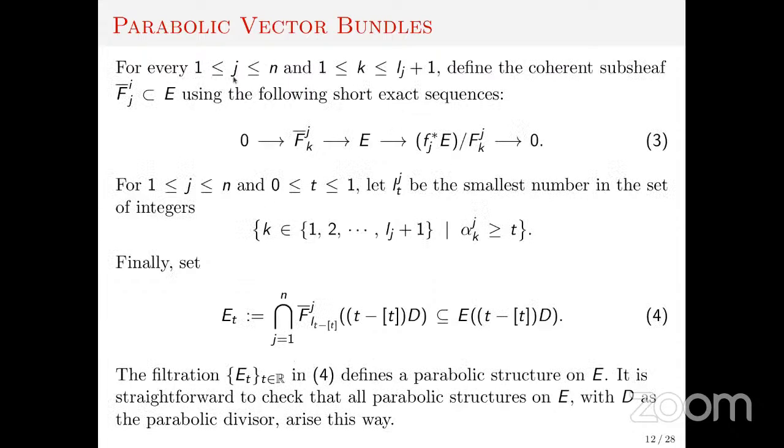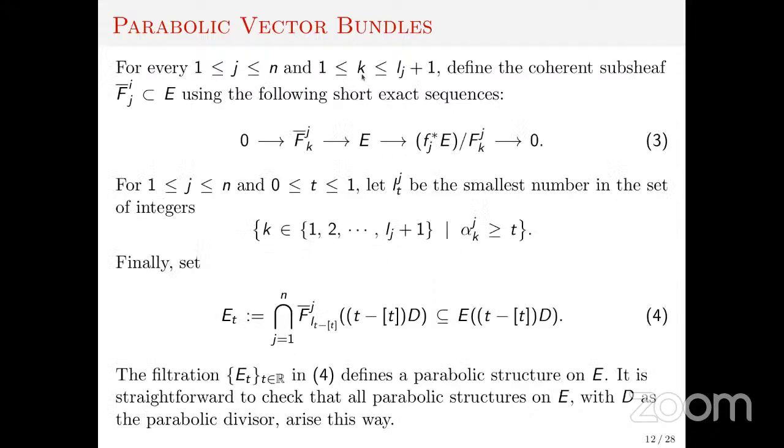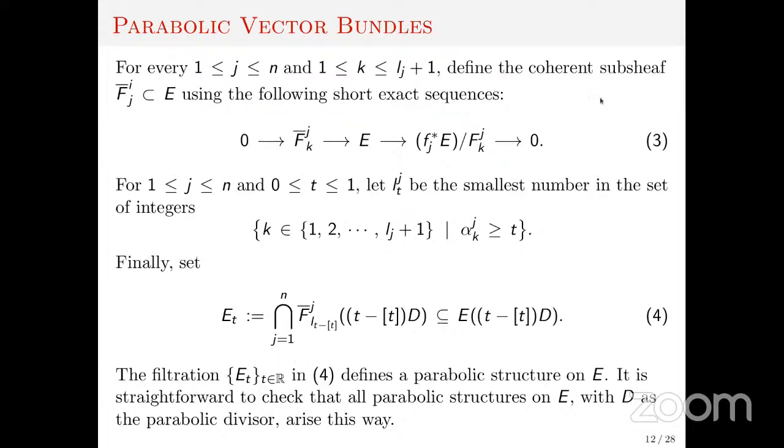And for every component D_j of D and every k which lies between 1 and the length of the filtration, we define the coherent subsheaf F_j bar using this exact sequence.